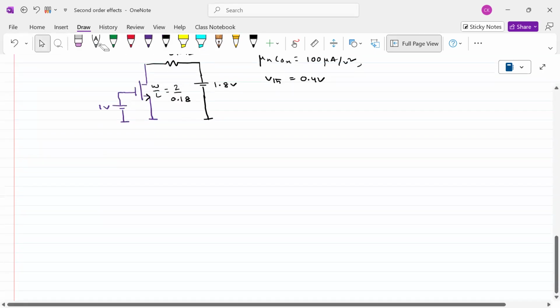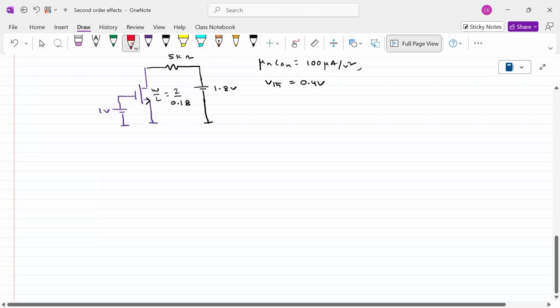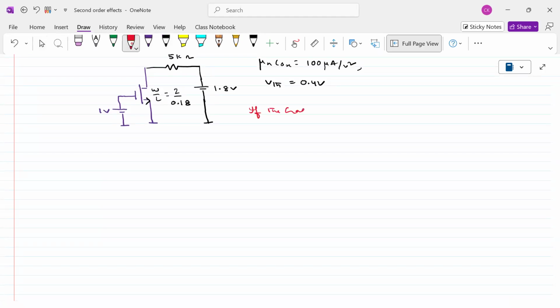If the gate voltage increases by 10 millivolts, what is the change in the drain voltage?